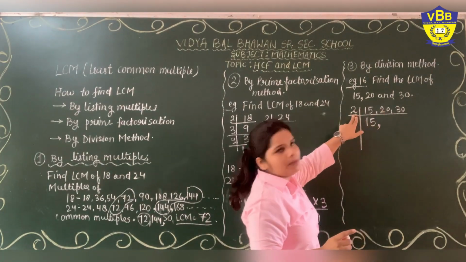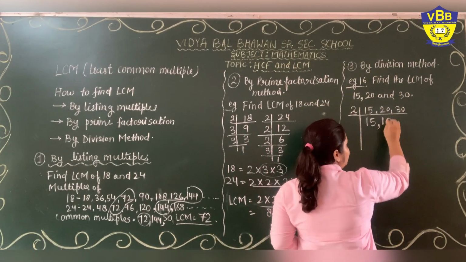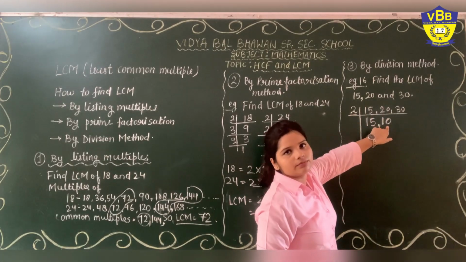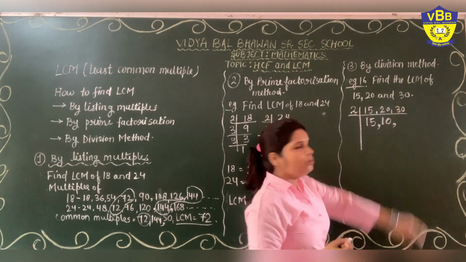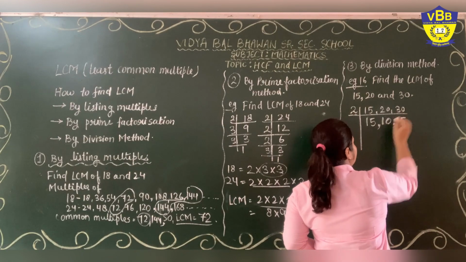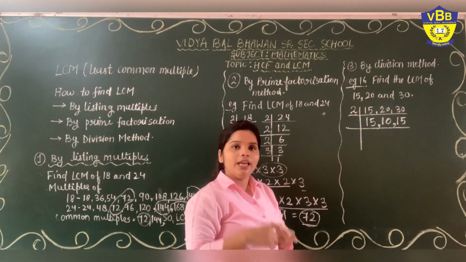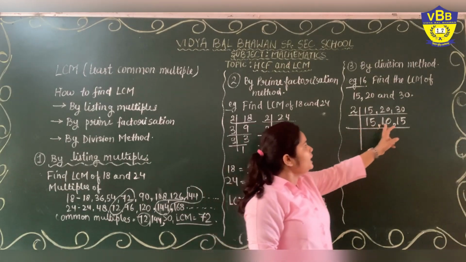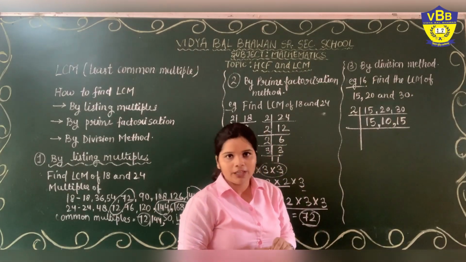20 is divisible by 2, so we write 20 divided by 2, which is 10. After that, 30 is divisible by 2, divide 30 by 2, it will be 15 here. In the next step, we repeat the same process with 15, 10, 15. Is any of the three numbers divisible by 2?